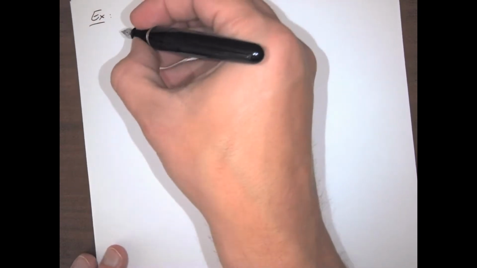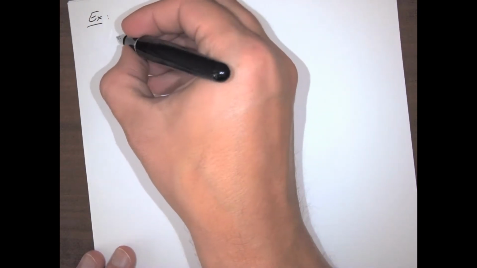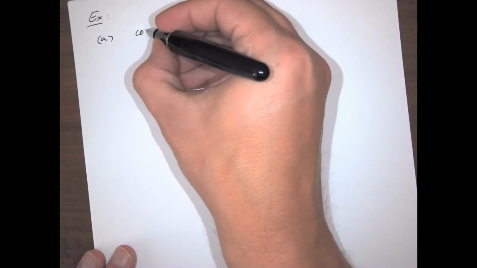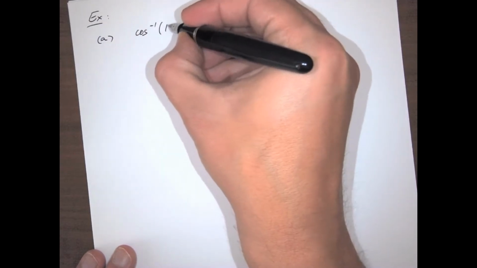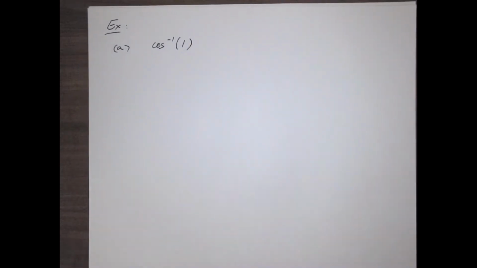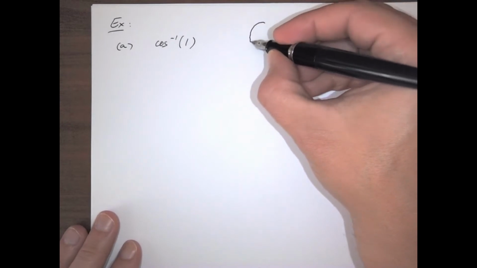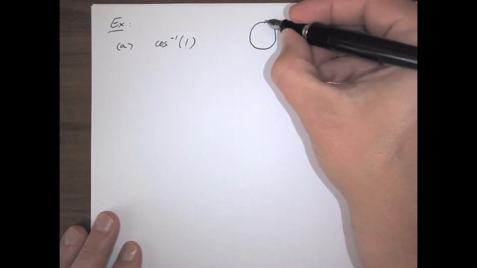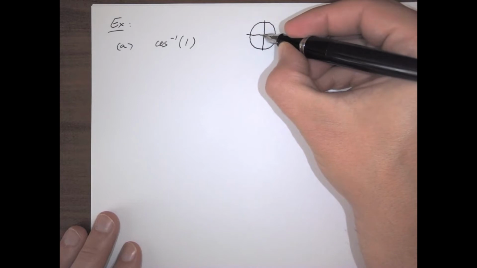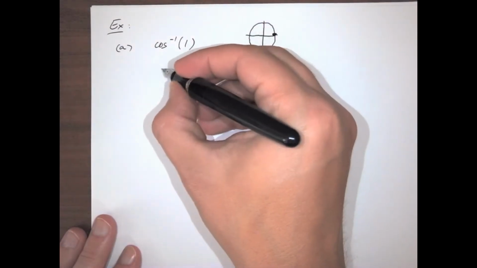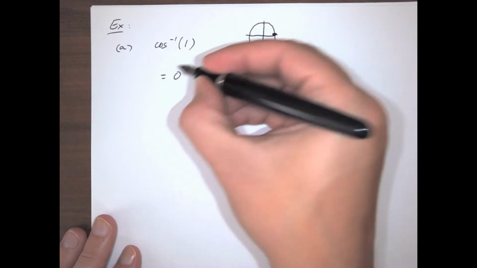All right, how about something like the cosine inverse of 1. So let's just think about this. Cosine means the x value on the unit circle. And so where is the x value equal to 1? That'd be right there. What angle is that? That equals just 0.